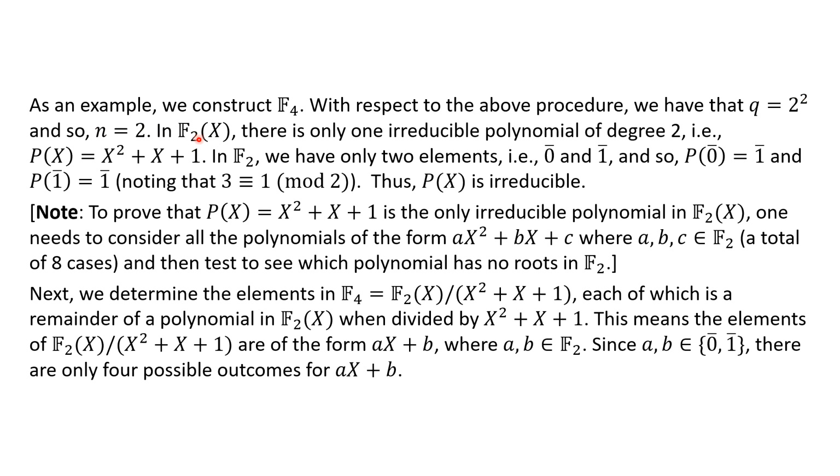In F_2[x], there's only one irreducible polynomial of degree 2, and that's x squared plus x plus 1. In F_2, the integers mod 2, we only have two elements, 0 and 1. And so p(0) is 1. And p(1), you get 1 plus 1 plus 1, that's 3. But 3 mod 2 is 1, so that's 1.